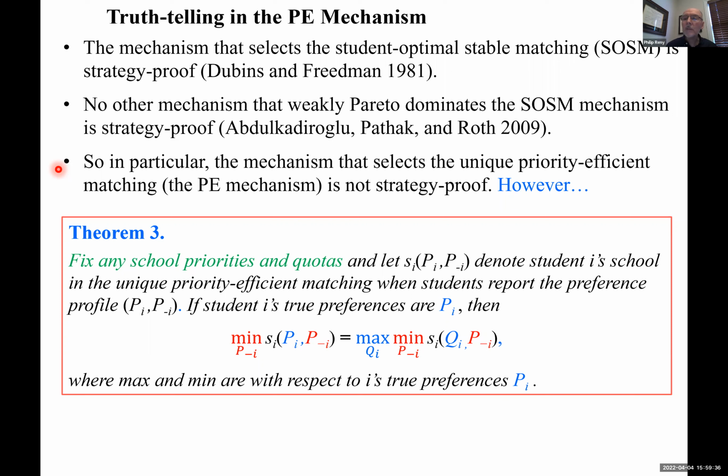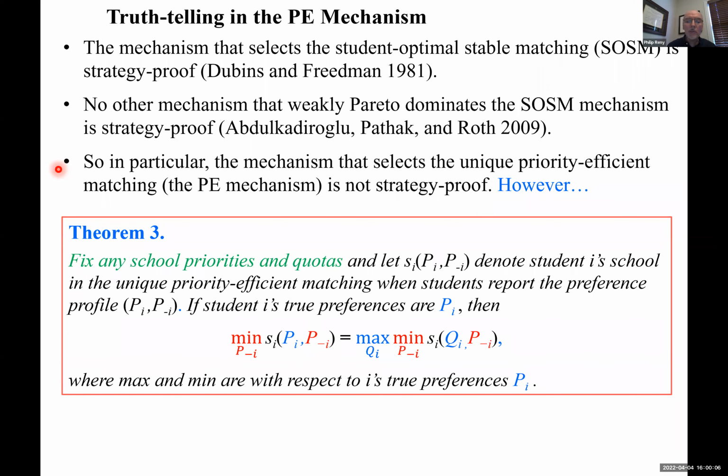So no matter what the school priorities are, suppose they're known, and in practice they are, if you're a student and you're worried about what the other students' rankings are going to be, and you look at the worst case, whatever preference you submit, whether it's the truth or not, you look at the minimum, the worst school you could be assigned to.